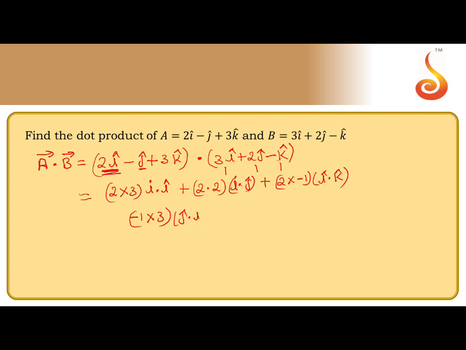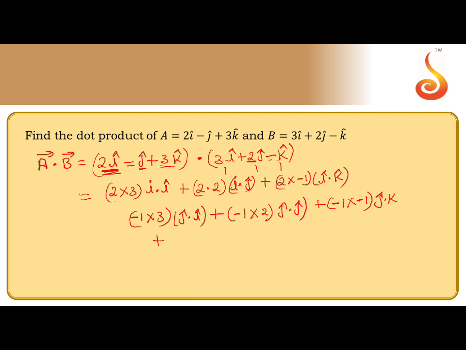Now take the second term, minus 1 into 3 j dot i, plus minus 1 into 2 j dot j, plus minus 1 into minus 1, there is a minus 1 here and a minus 1 here, into j dot k.